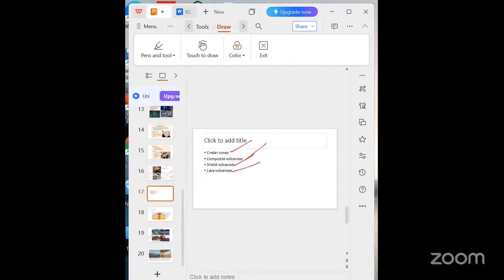These are the four types of volcanoes here.